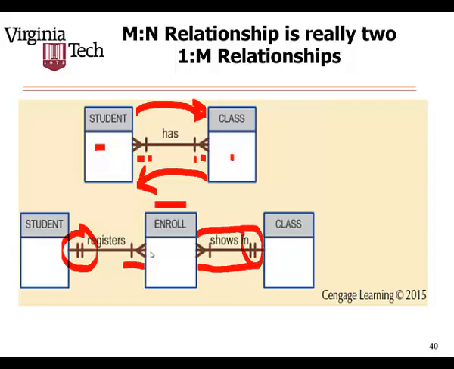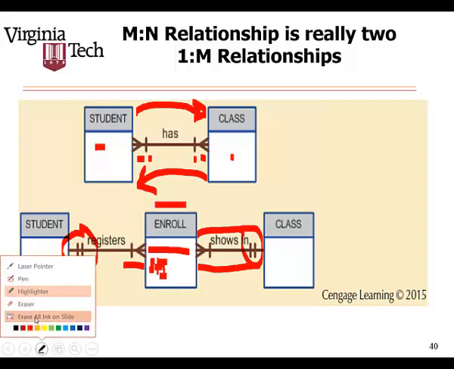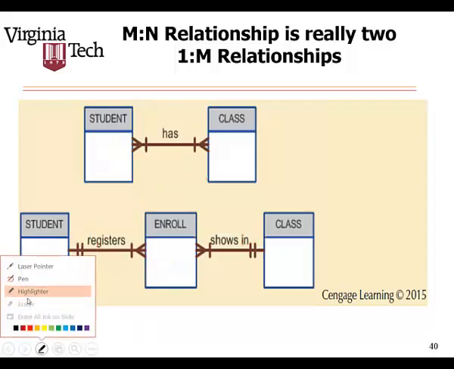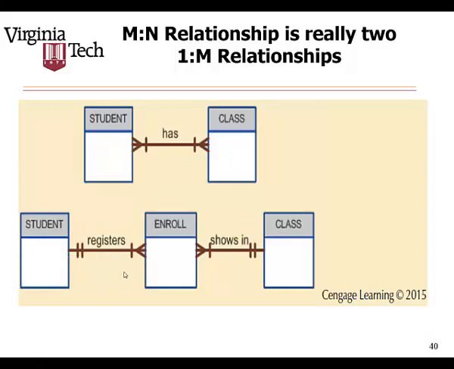So each instance of enroll has a student ID. Sorry about that, I can't even read that myself. So each enroll is going to have a student ID, and that student ID is going to be a foreign key, and it's also going to have a class ID.